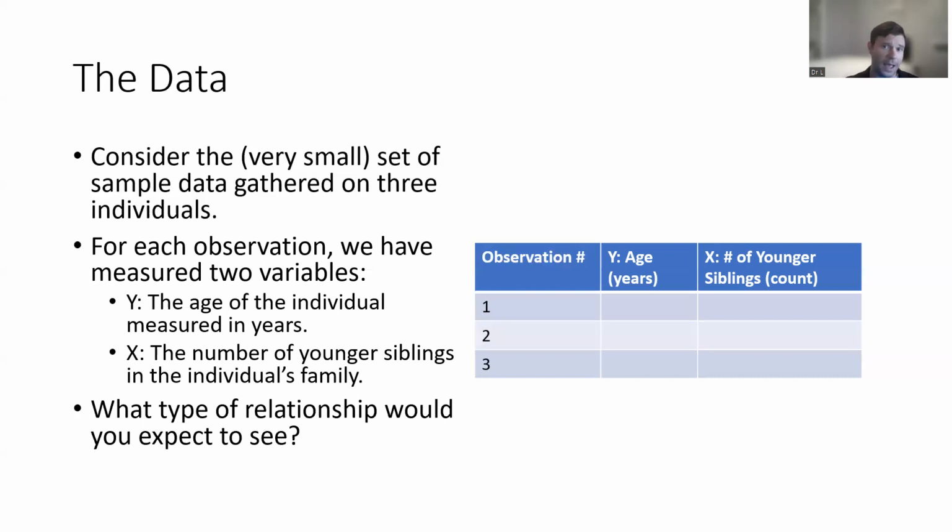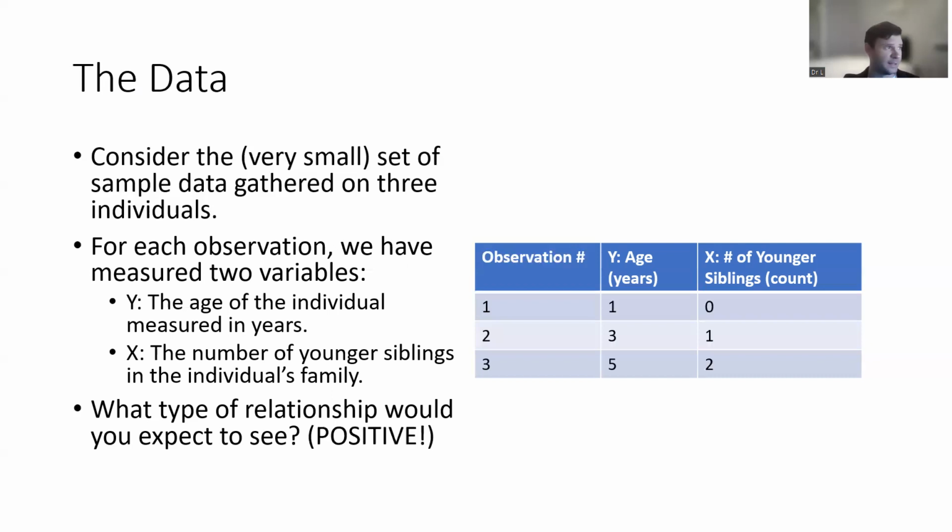However, as individuals age, the likelihood that more siblings were born after them increases, as there was more time passing. It could be the case that the older you are, the more likely it is that you have larger numbers of siblings, maybe up to some extent. So maybe we'd expect to see a positive relationship.